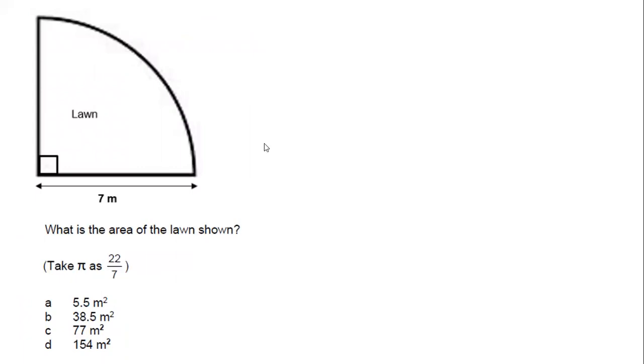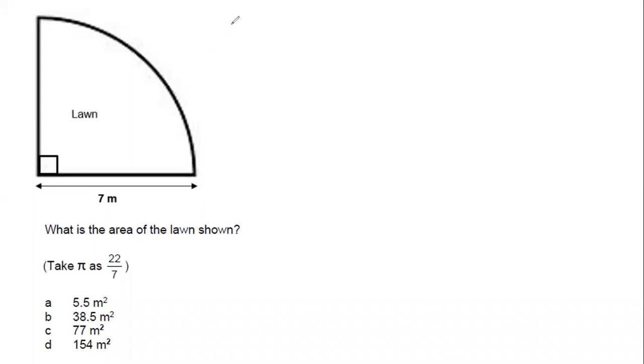Let's look at this one. It says, what is the area of the lawn shown? How are we going to do this now? There are two ways of doing this.